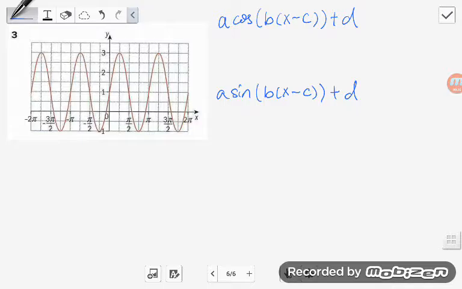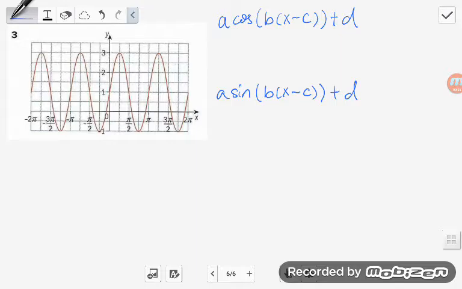So in the previous class we had summarized our sine and cosine equations with these A, B, C, D values. I hope you guys checked out the class website where I posted the summary of the general form for the cosine and sine equations.